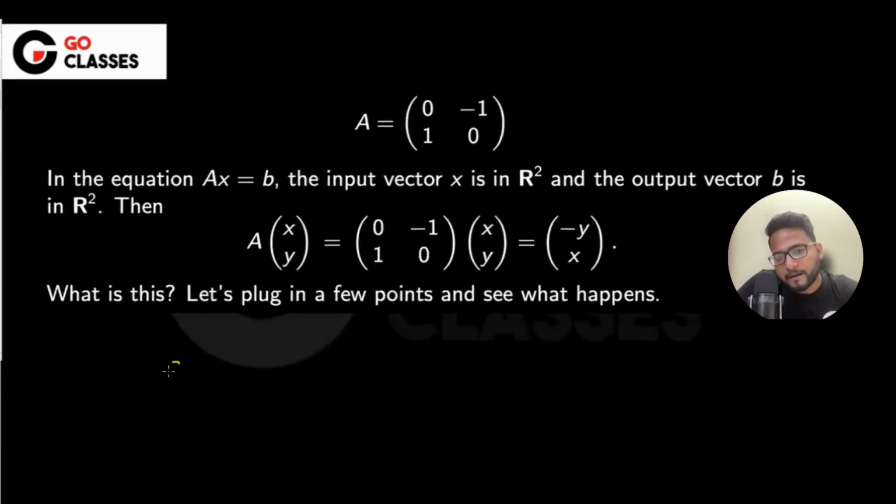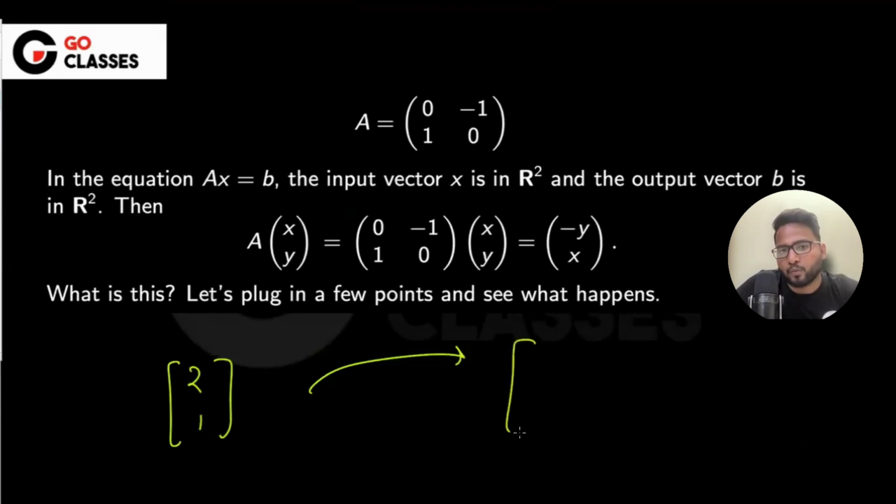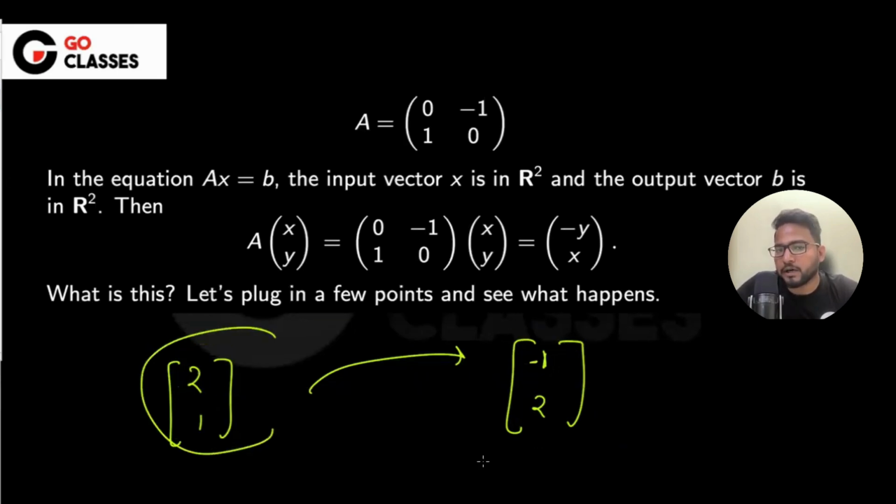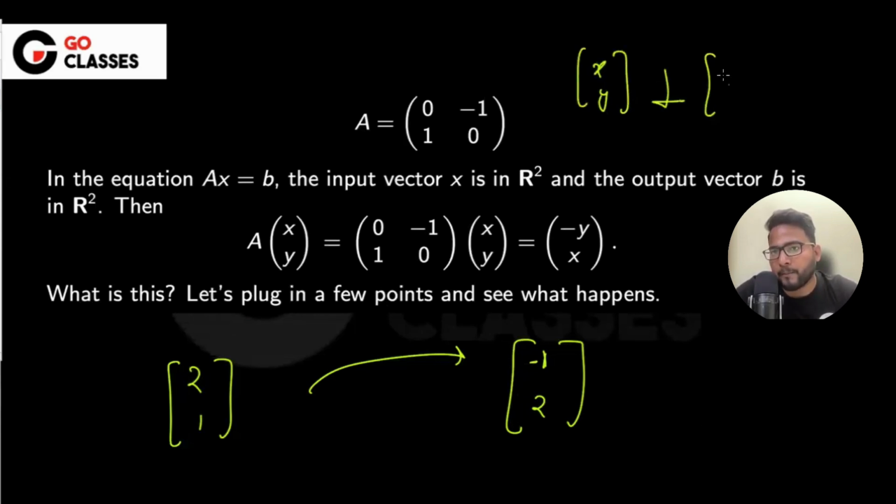Now let's suppose you have 2, 1. Then what is the final vector? Minus 1 and 2. Can you do the dot product of these two? This will be 2 into minus 1 plus 1 into 2, so the dot product will be 0, right? So these are orthogonal vectors, which means x, y is perpendicular to minus y, x. These two are perpendicular vectors.